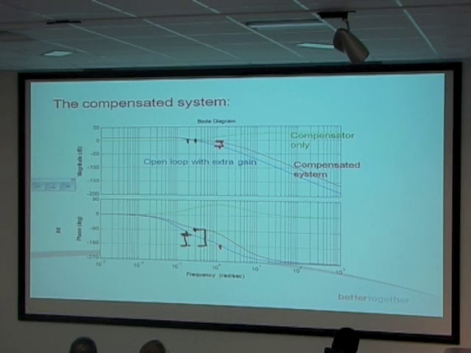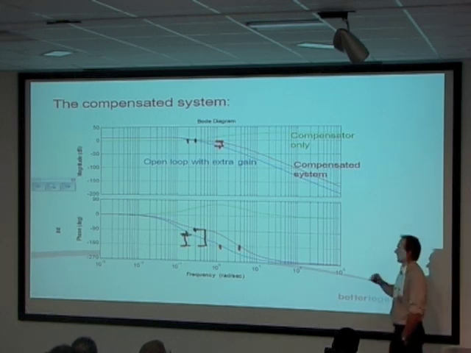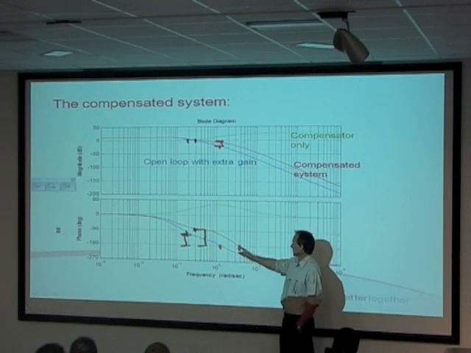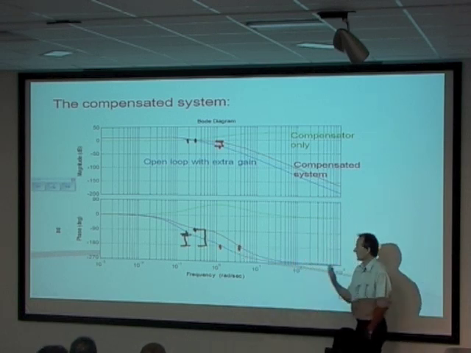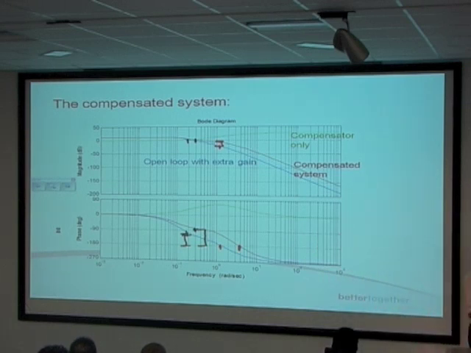In the compensated system, what's happened is that because of that big chunk of phase lead we've put in there, we have pushed up the crossover frequency, the frequency at which we hit minus 180, quite a lot further up the frequency band.